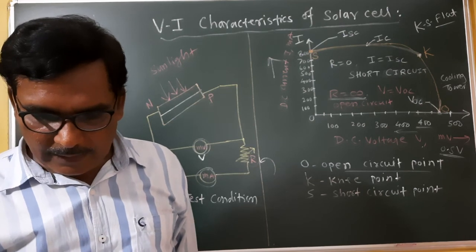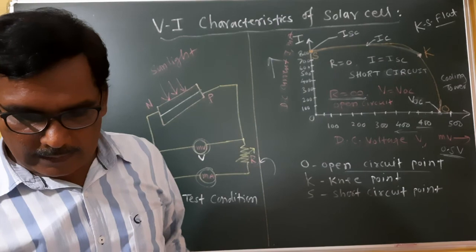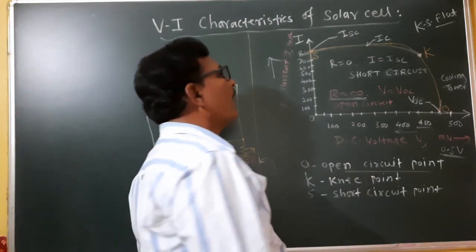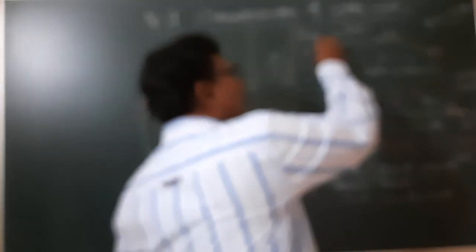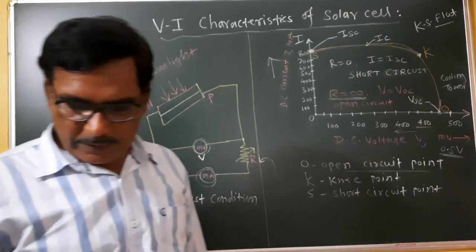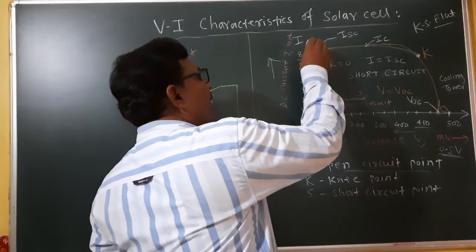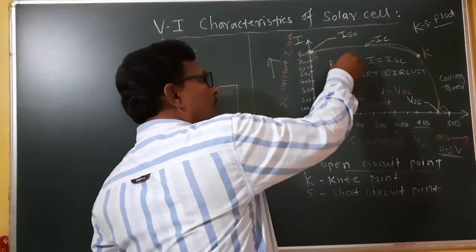When the external resistance is completely shorted, the short circuit current ISC is obtained, and the terminal voltage is 0.